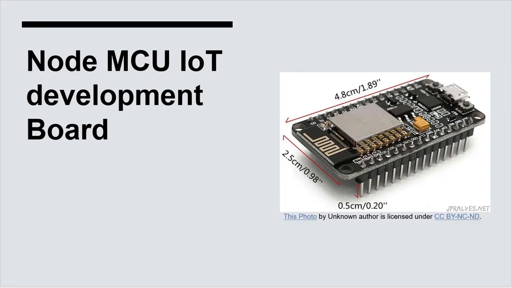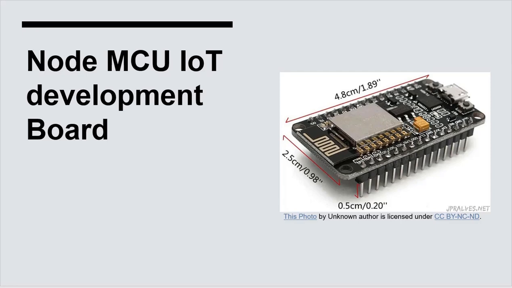This data can be displayed in a web application or Android application, or it can be stored in some server. From the cloud, we can visualize the data, we can analyze the data, and a lot of other things can be performed on the data. Then the question is, where is Node MCU in this?